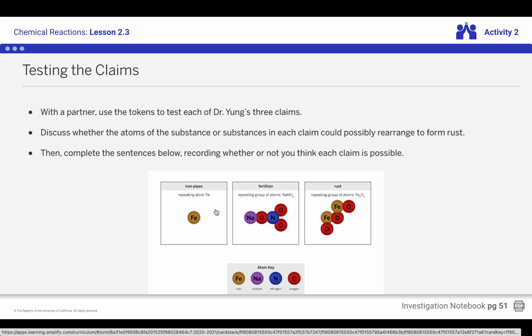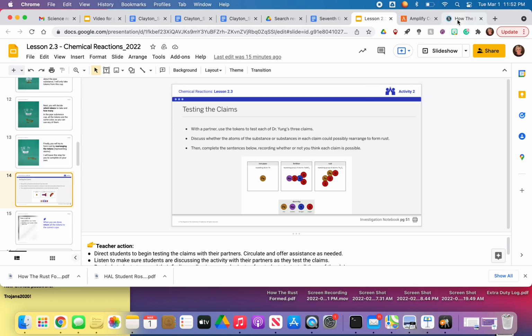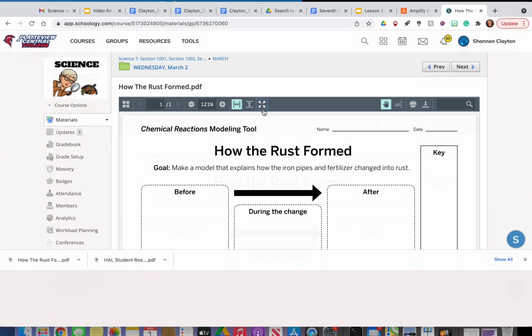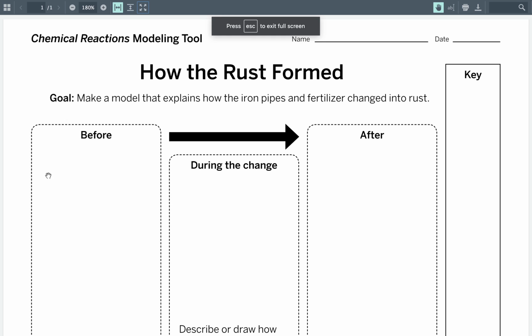So you kind of have to have 2 iron molecules. Okay, so back over here, you're going to draw 2 iron molecules here. Remember your 2 iron atoms to create 1 molecule. Remember, they have to touch and they need to be the same color as the token.